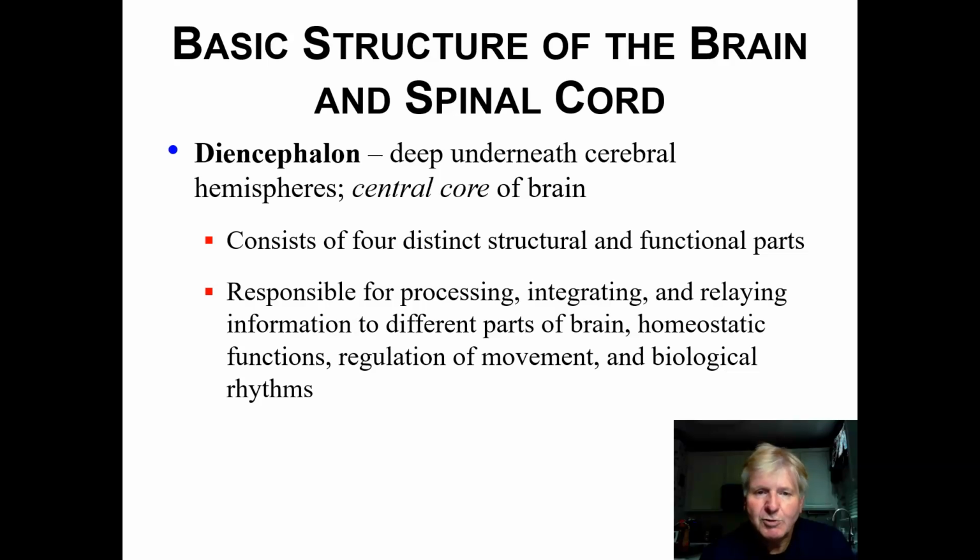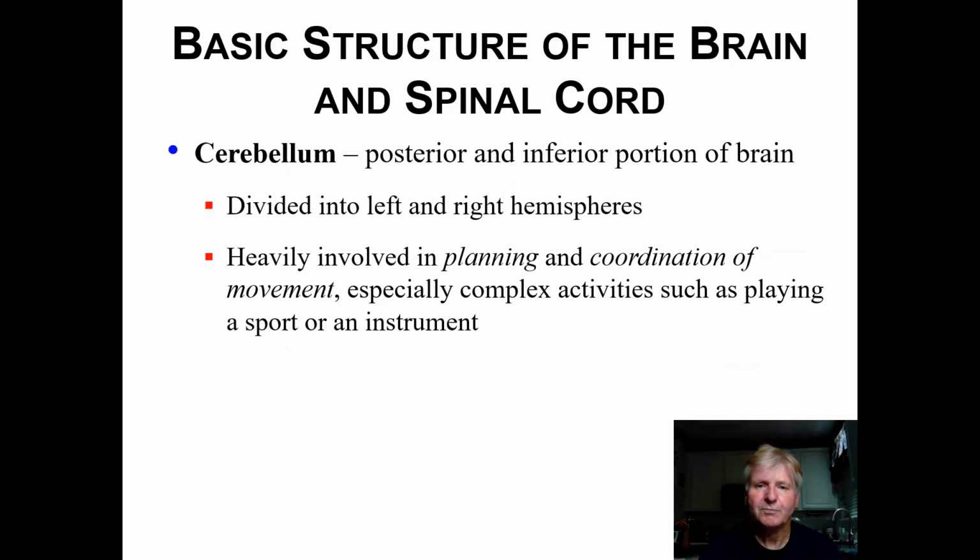Homeostatic functions are also responsibility of the diencephalon, regulation of movement, particularly the thalamus, and your biological rhythms or circadian rhythms. When we go to bed at night and when we are awake during the day. Those are what we refer to as our biological rhythms or circadian rhythms.